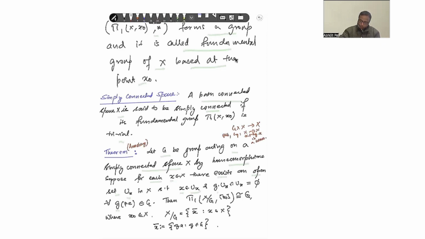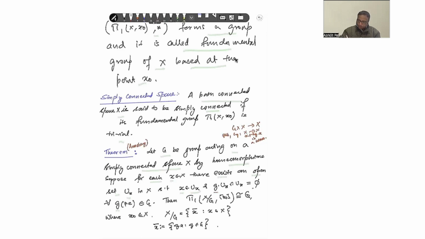So this we have assumed. And we also have the assumption that if I take any non-identity element g, then g dot Ux, it makes sense, so g dot Ux intersection Ux is empty.